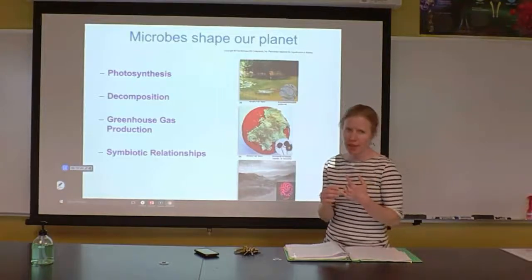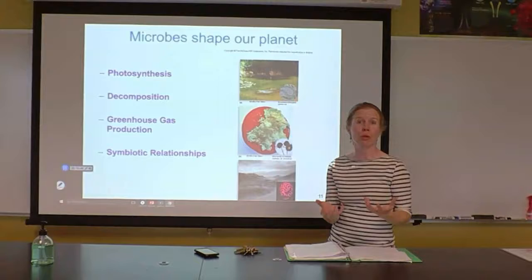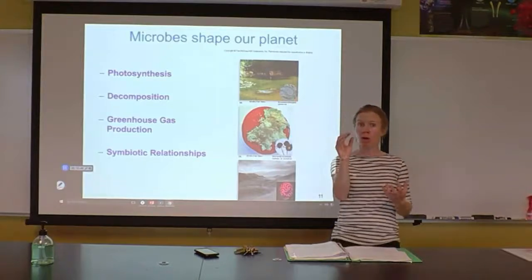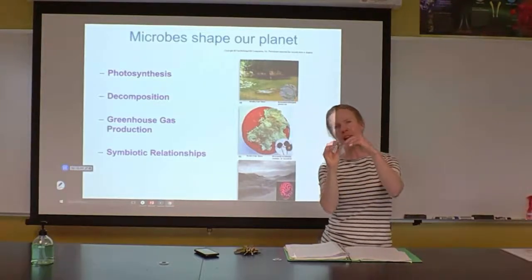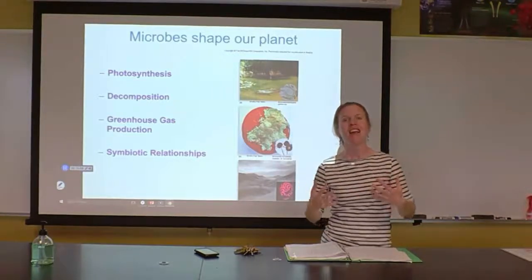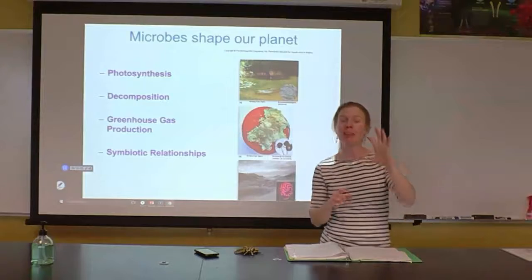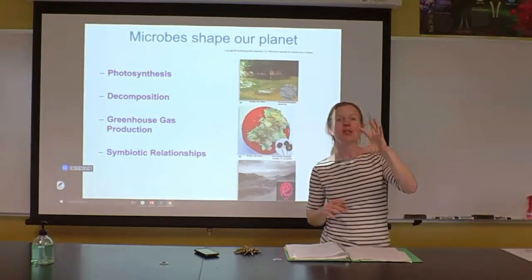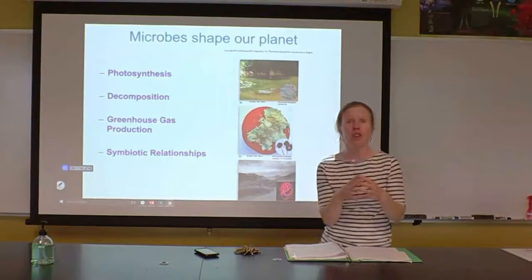So one of the classic examples of a symbiotic relationship is a coral reef, right? So coral is actually an animal. It's called a polyp, but it actually has algae that lives inside of it. So when corals have these bright colors, the coloration is actually coming from the algae. Now in this relationship, the algae is doing photosynthesis and providing basically sugars, food, to the coral.